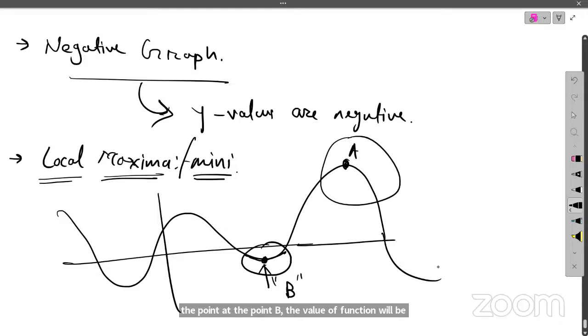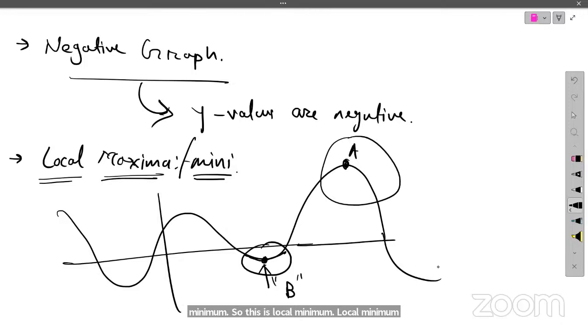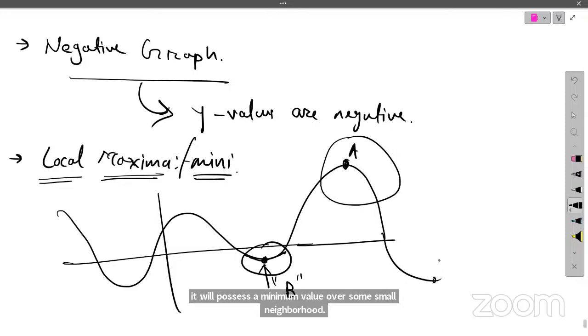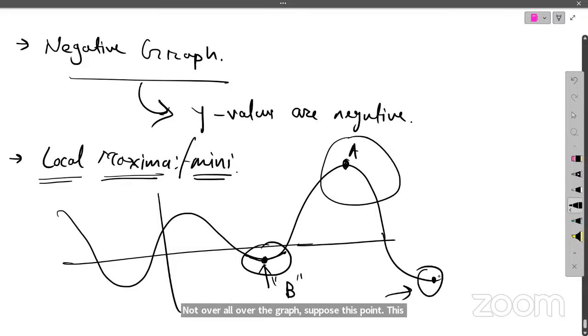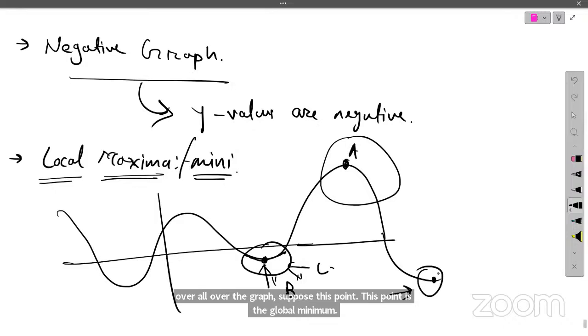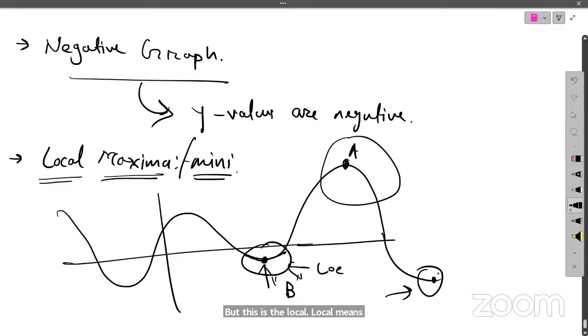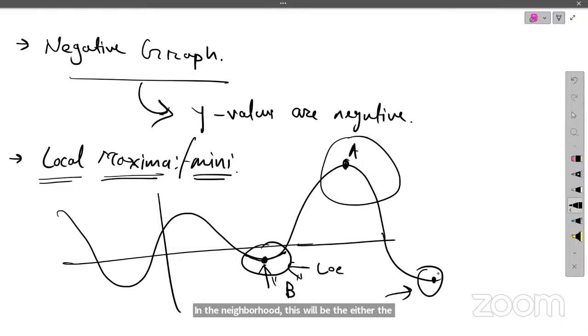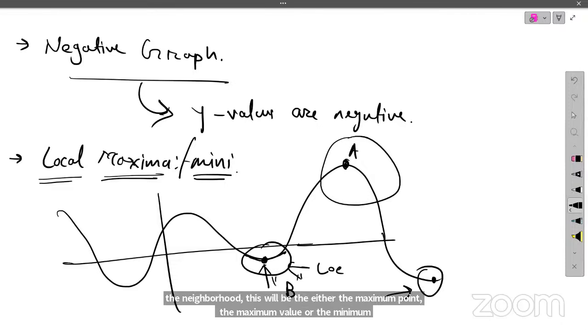Local minimum means it will possess a minimum value over some small neighborhood, not over the whole graph. Suppose this point is the global minimum, but this is the local one. Local means in the neighborhood, this will be either the maximum value or the minimum. Okay, someone asked about local maximum and minimum.